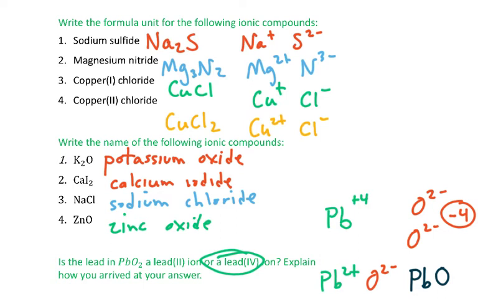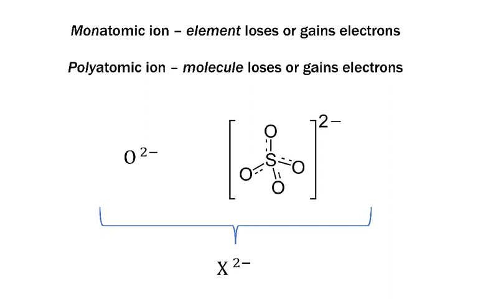All right, let's look at polyatomic ions. The big picture is polyatomic ions are ions formed from molecules, right? So in the last section we had monatomic ions. Mon means one atom, or one, so one atom is an element that loses or gains electrons.